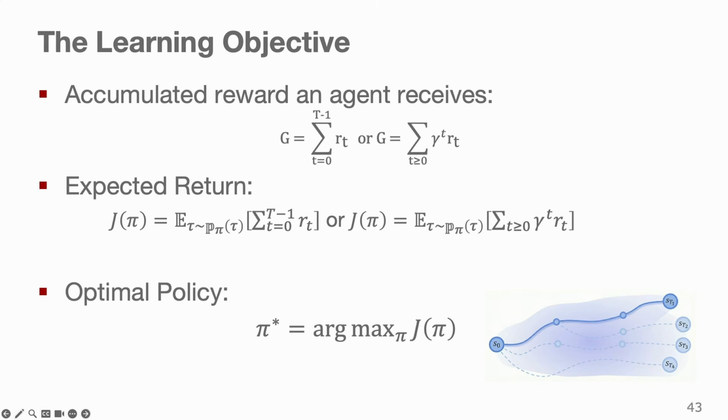But then, because the world is stochastic, we model this as an expected return. So this is the average across all possible trajectories that can happen when we follow our policy. And then the optimal policy is the specific strategy that maximizes this expected return. So it could be, for example, this one over here.